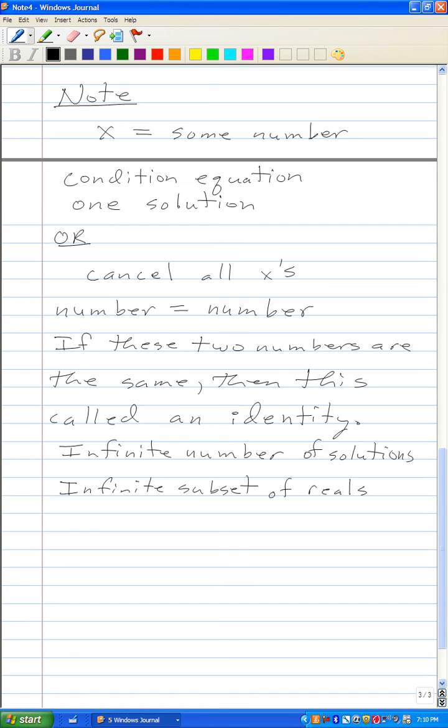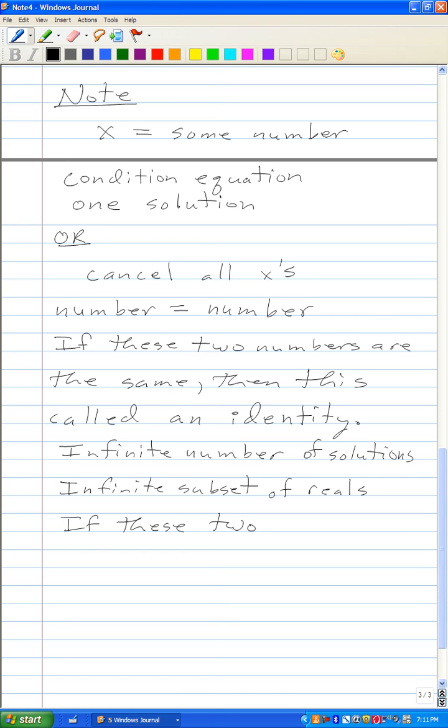Otherwise, if these two numbers are different, so in the case if we cancel and we got 12 equals 12, then this would be an identity. You have an infinite number of solutions.